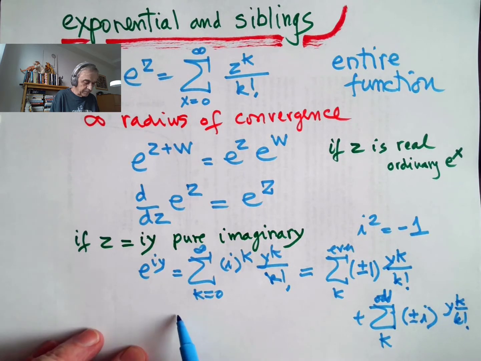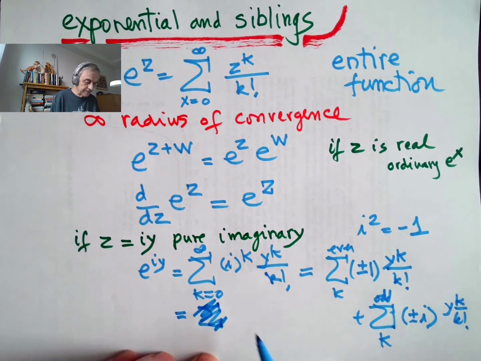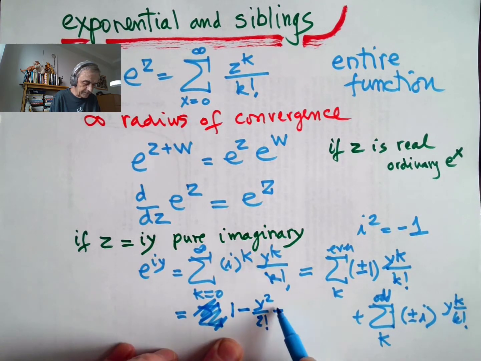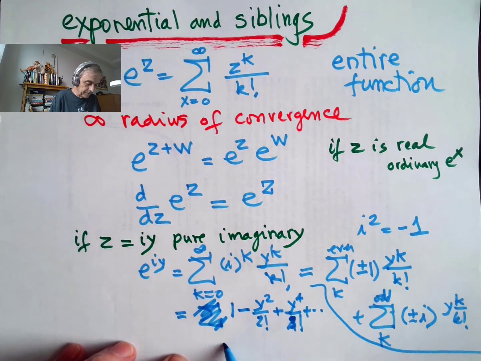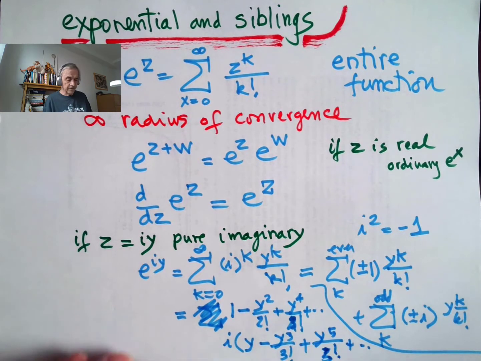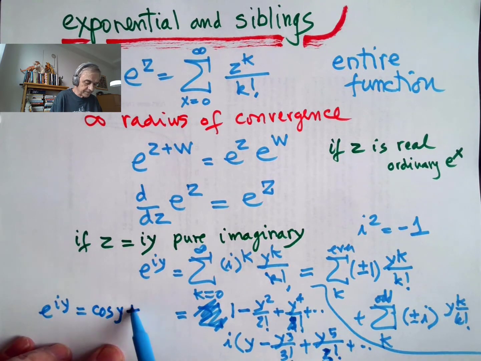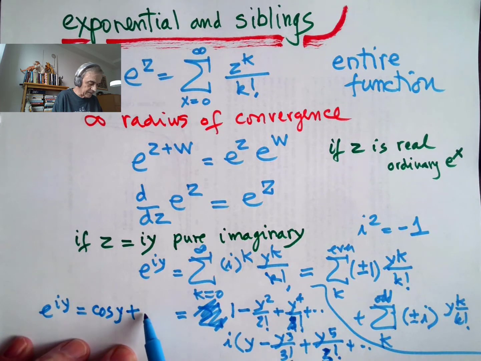And if you split it into the two sums, if you write it as 1 minus next power plus the 4th power, all the even powers, and times i, first power minus third power plus 5th power, you realize that the first expansion is simply a cosine y, and the second series is just a sine y.